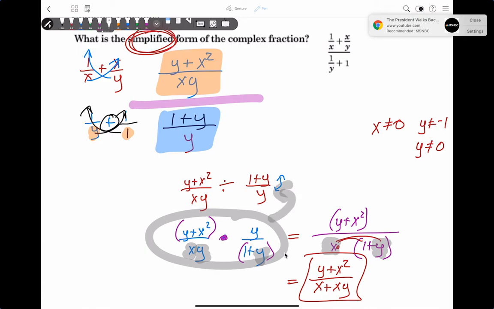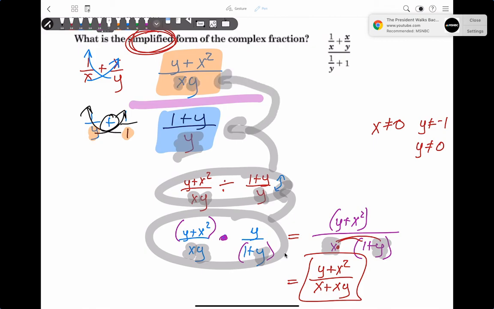If we come up here, y cannot be 0, already taken care of. y or x cannot be 0, already taken care of. So let's just keep going back. y cannot be 0 here, yep. And look at this denominator, x and y cannot be 0. And if I went to the original one, x cannot equal 0, y cannot equal 0.